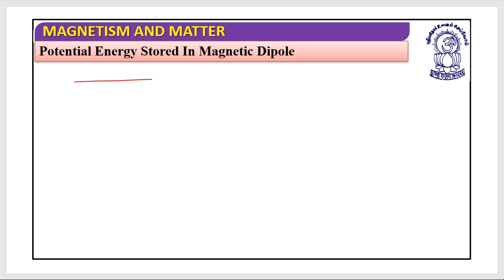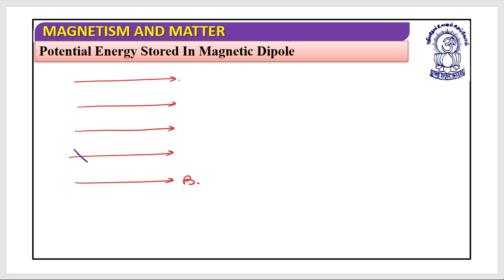Next, let's check the potential energy stored in a magnetic dipole. This was the situation: this is the magnetic field B, this is south, this is north, this is M, and this is angle theta. Initially it has been angle theta.